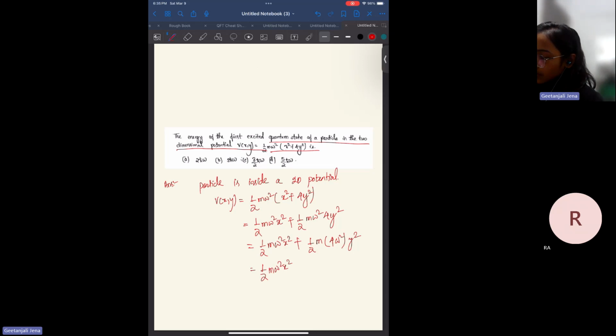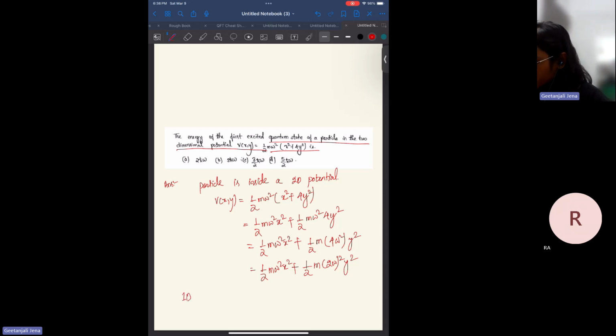That means it is half m omega square x square plus half m 2 omega square y square. Right? So now the particle is inside this 2D harmonic potential.